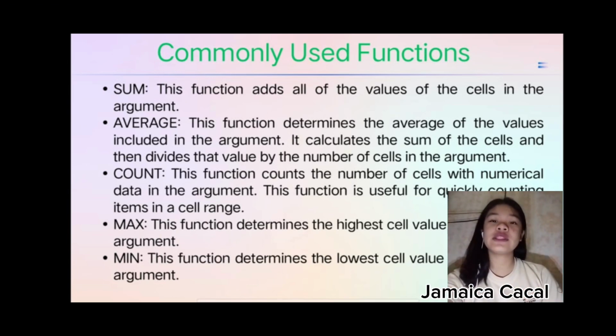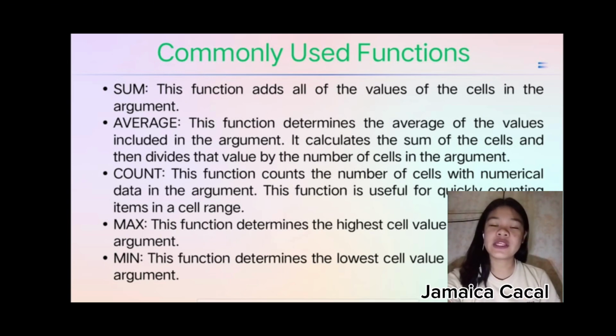The second one is AVERAGE. This function determines the average of the values included in the argument. It calculates the sum of the cells and then divides that value by the number of cells in the argument. Calculates the average or the mean of the values in the range.